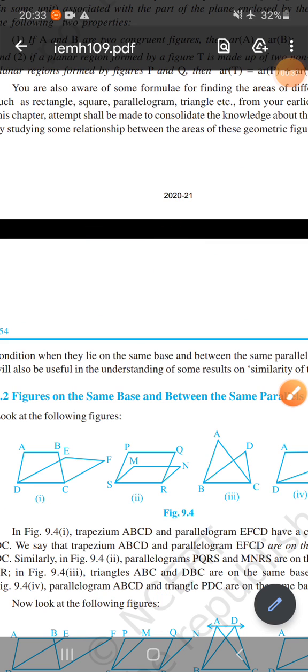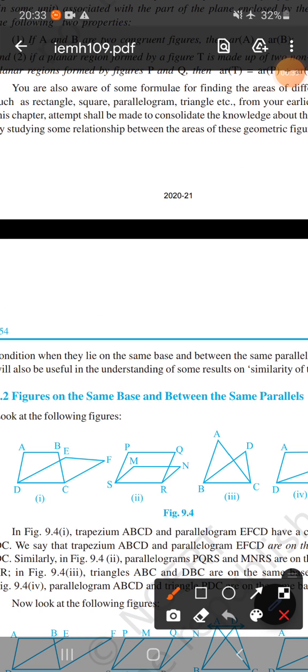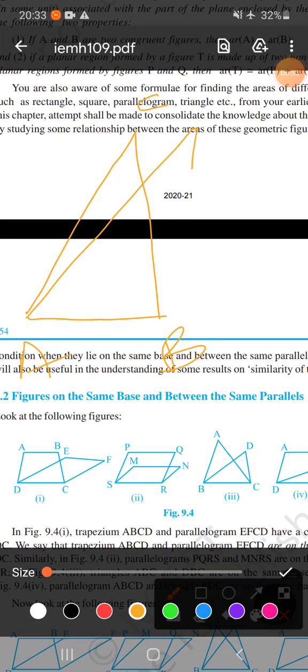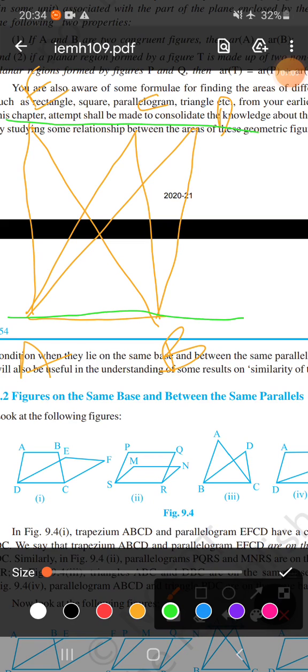Now let us mix these things together. So this is our triangle, again this is A, B and C, and this is another triangle which is D, and this is another triangle, let us say this point is E, and these are lying between the same parallel lines, right?